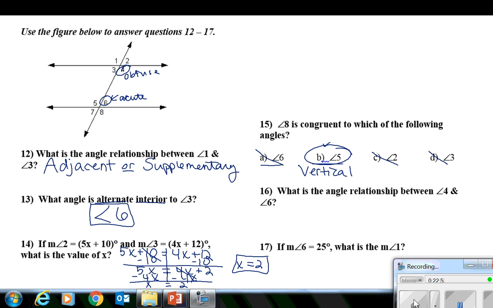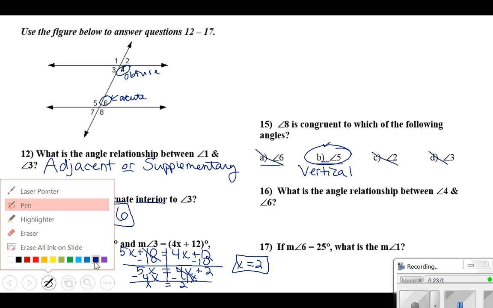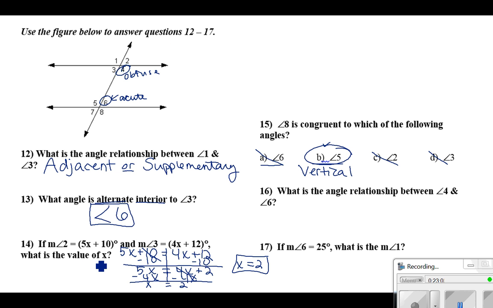If you look at them, they're going to be supplementary, so they would be same side and they're on the interior. So same side interior angles.